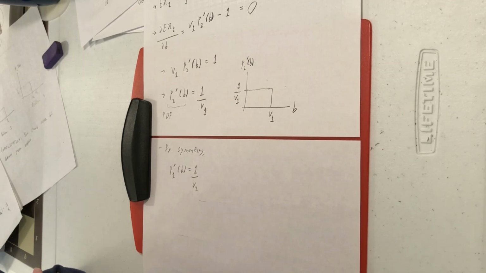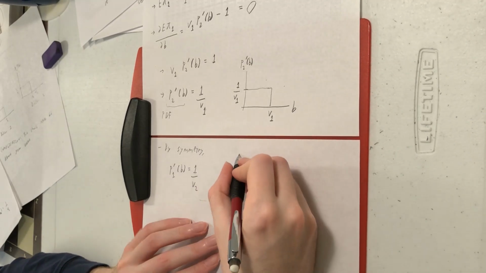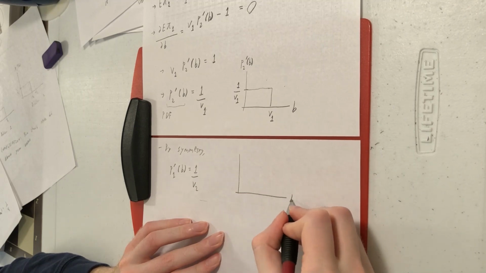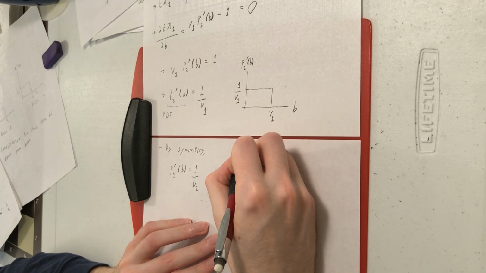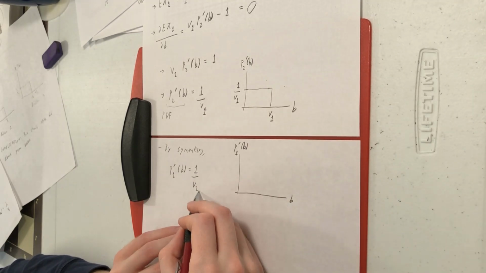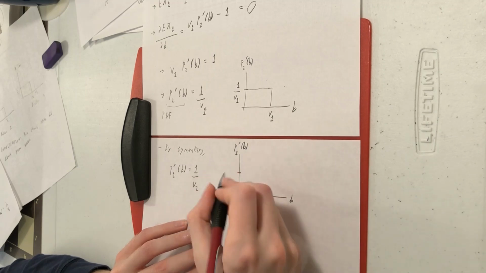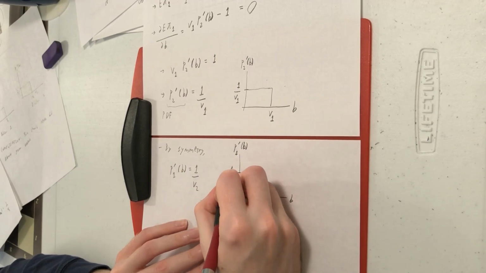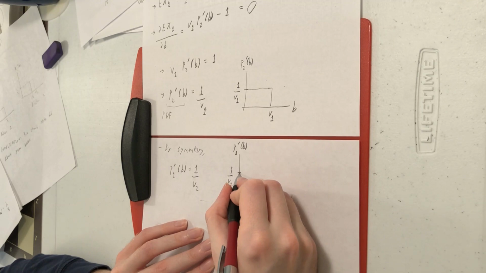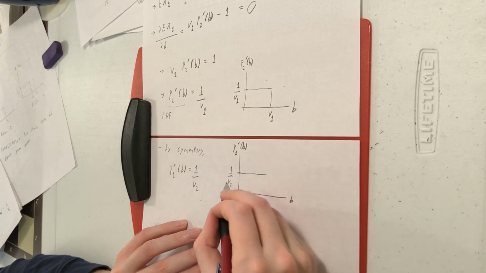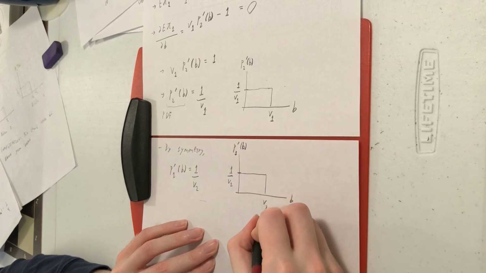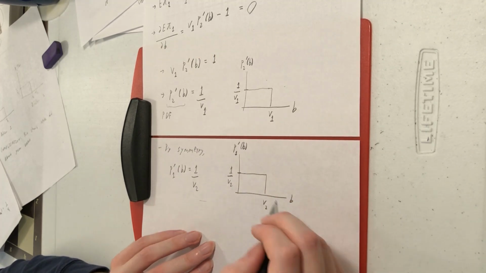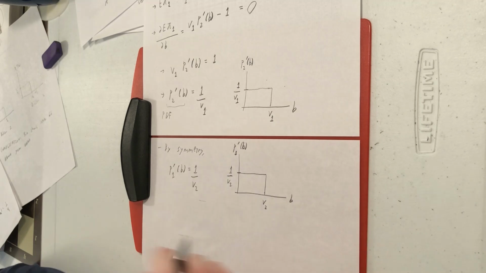So, I'll draw a graph first. Because V2 is constant, you have a constant height here, 1 over V2. Now it's a rectangle with height 1 over V2, so the base had better be V2, because probability under it has to be equal to 1 in total.